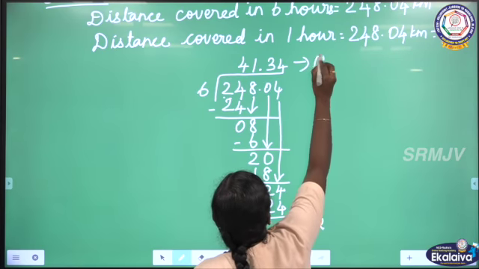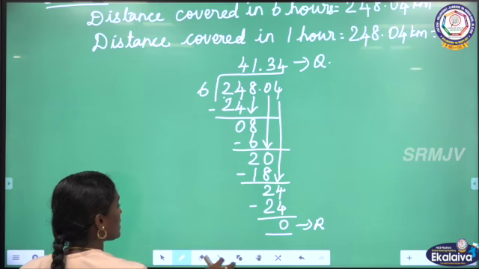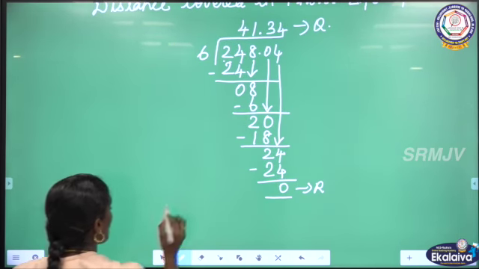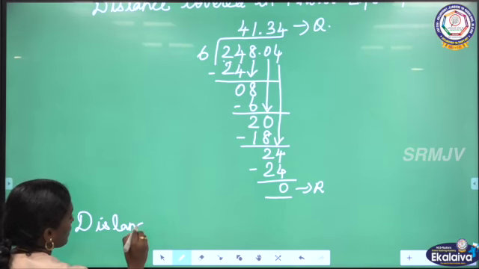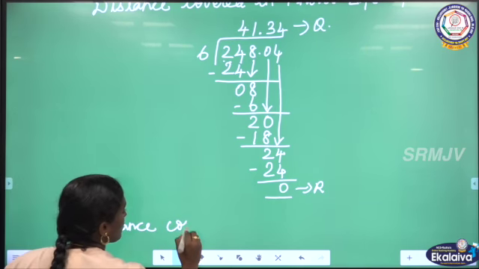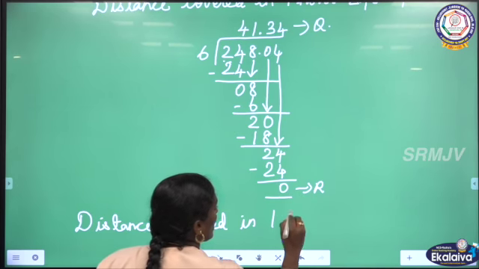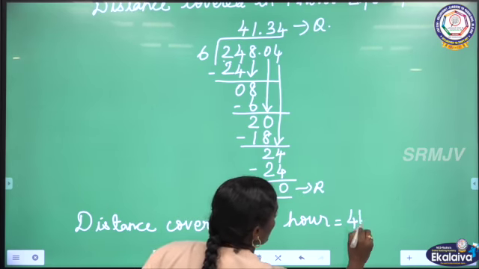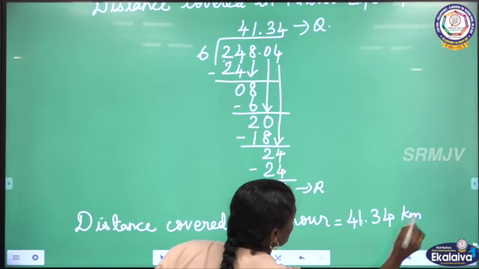Quotient is 41.34. This is the answer. Quotient is the answer. Let us write the answer. This is the distance covered in 1 hour. Distance covered in 1 hour is equal to 41.34 kilometer.